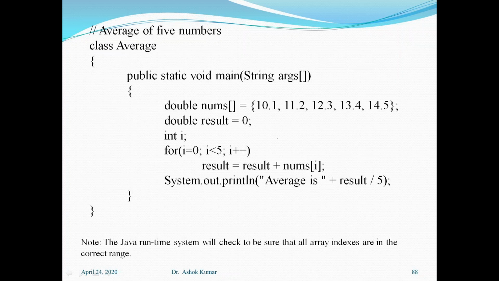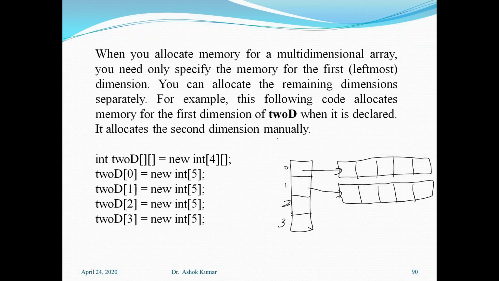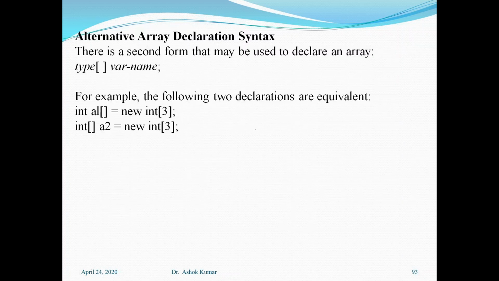But in the slide that I am going to show you, we are following a different syntax. We are using the type and then the square brackets. Earlier we used the square brackets after the name of the array. So what is the difference between this syntax and the one we are going to discuss?